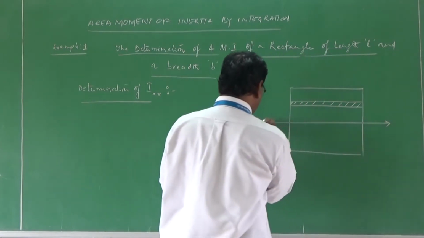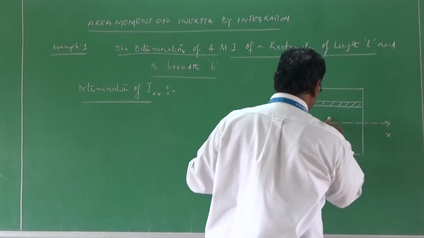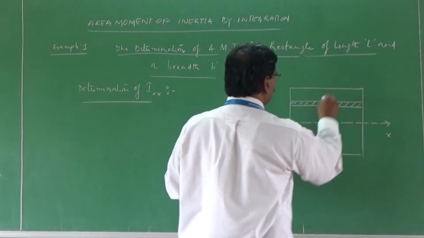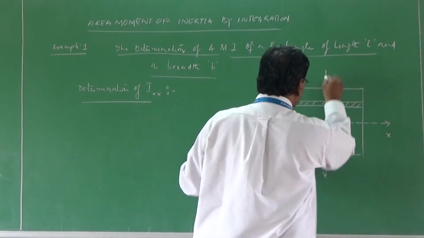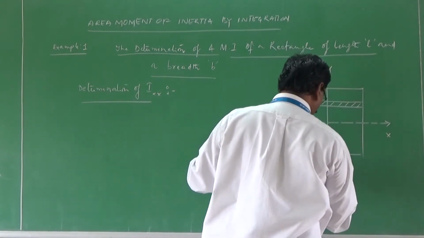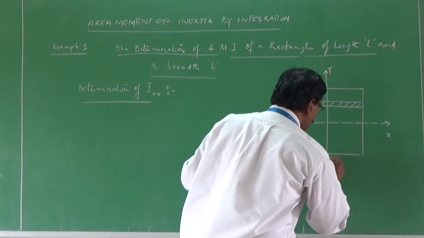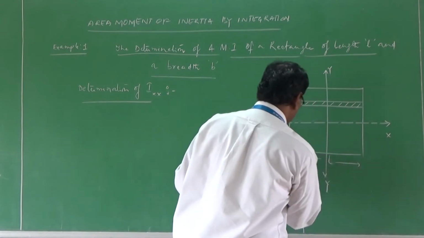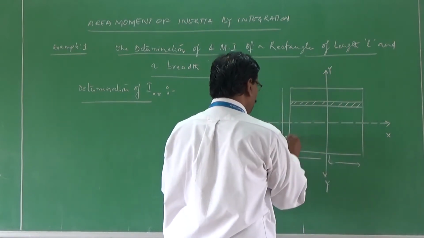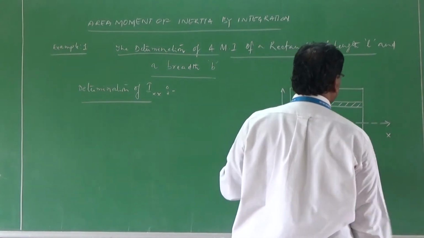If you observe the diagram as I draw it here, you can get an idea. This is the centroidal axis xx, and this is yy. This is length L, and this is breadth from here to here. This is the centroid.